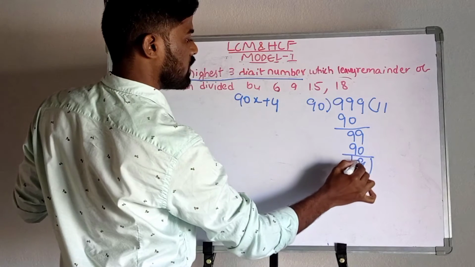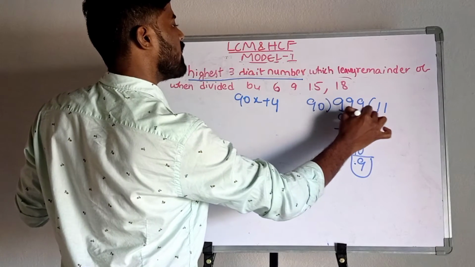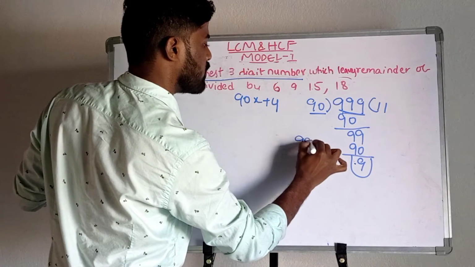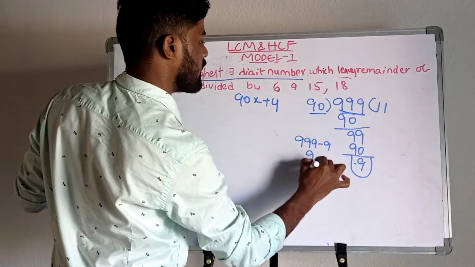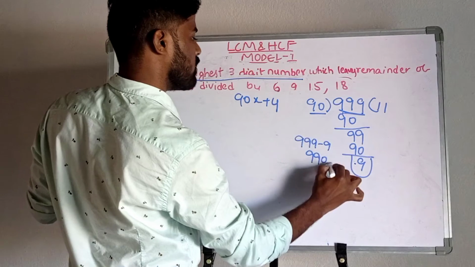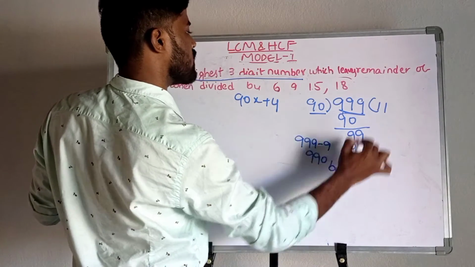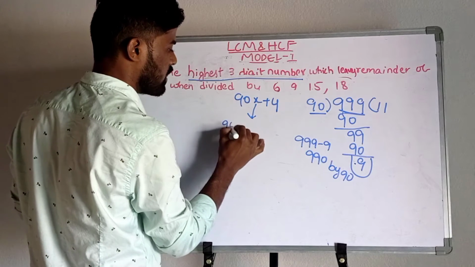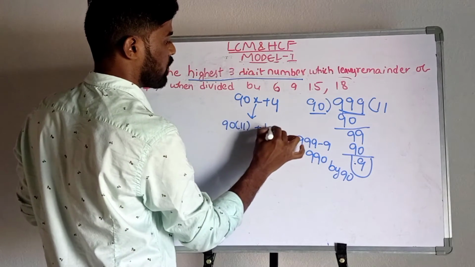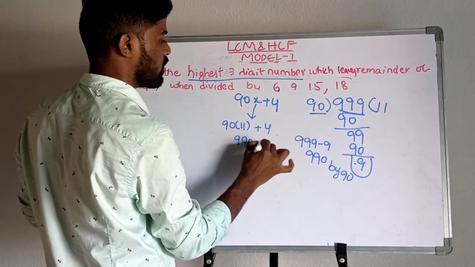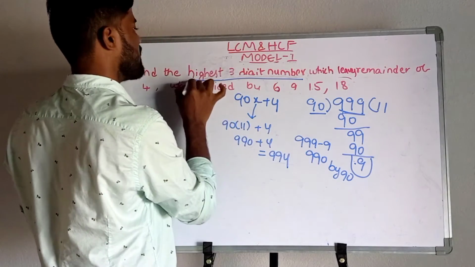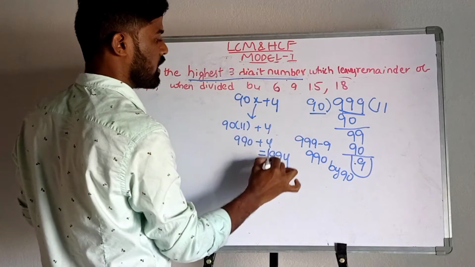That means when we subtract the remainder from the dividend, it is completely divisible by the divisor. That is, 999 minus 9, 990 is completely divisible by 90 when the quotient is 11. We substitute our x as 11: 90 into 11 plus 4, 990 plus 4, which is 994. That means the highest 3-digit number is 994.